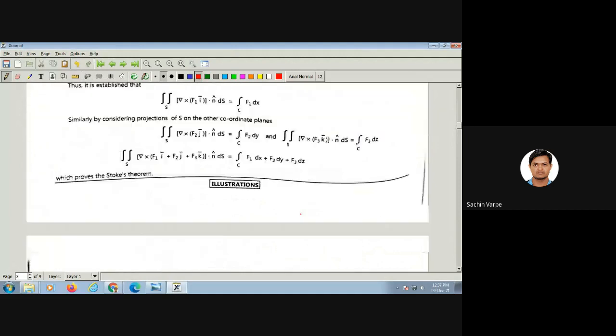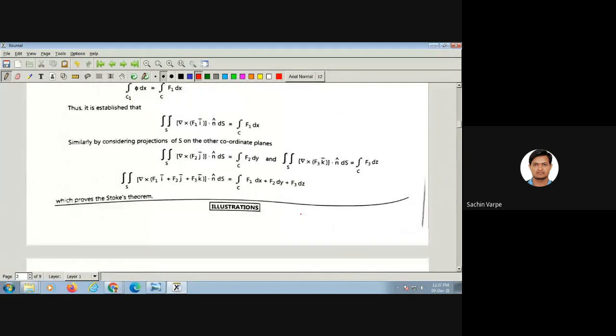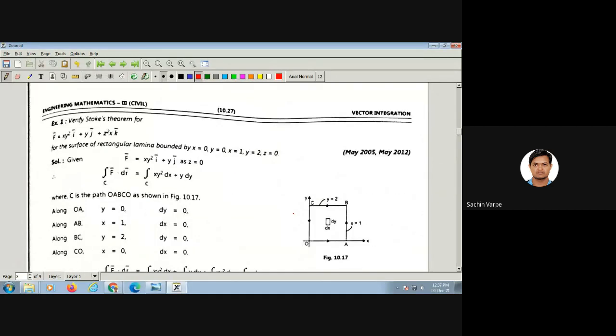Okay, so we have discussed the application of the Stokes theorem to solve examples. We have discussed one example also, the one from last time, where f bar is given to be x y square i cap plus y j cap plus z square x k cap.